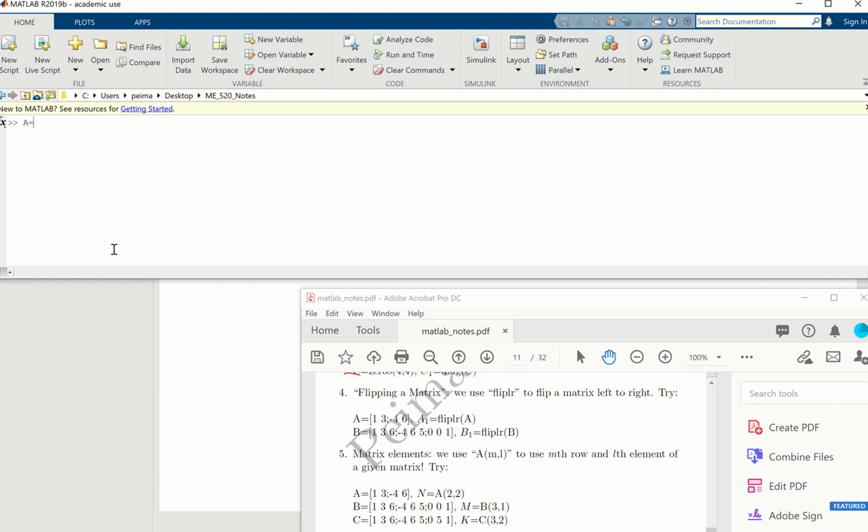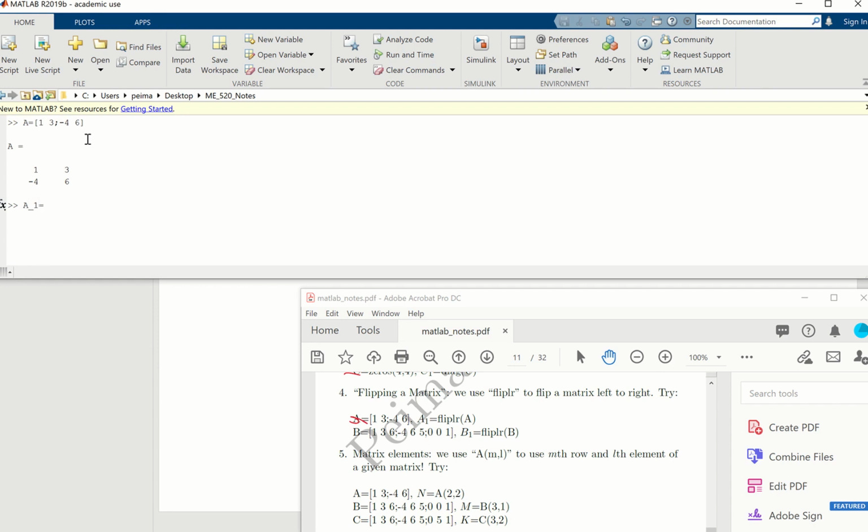Okay, it's very important. Okay, 1, 3, minus 4 and 6. This is the matrix, a 2 by 2 matrix.